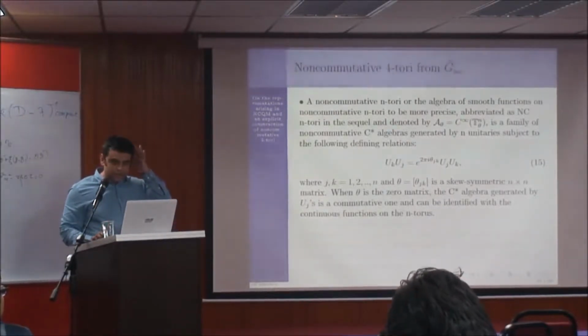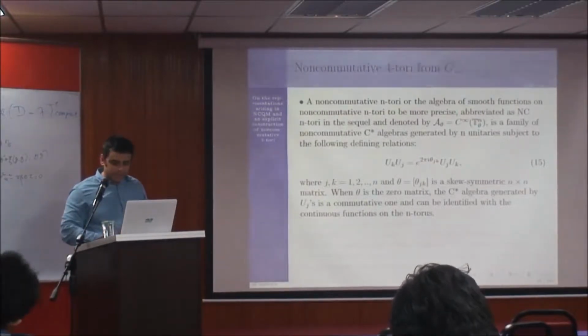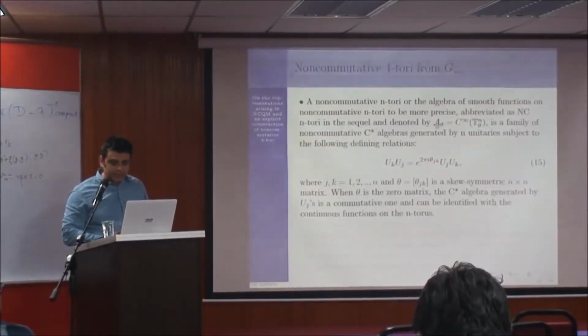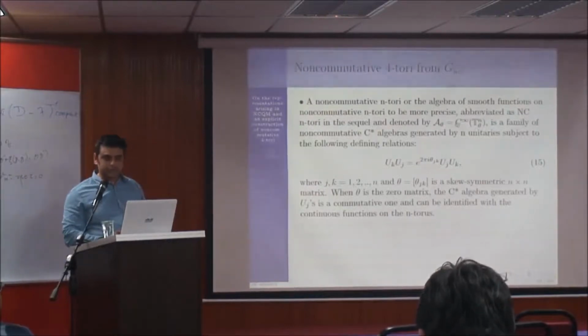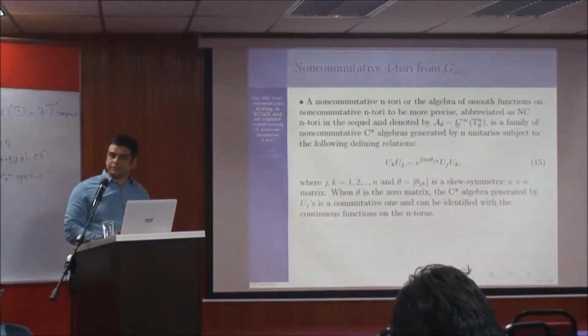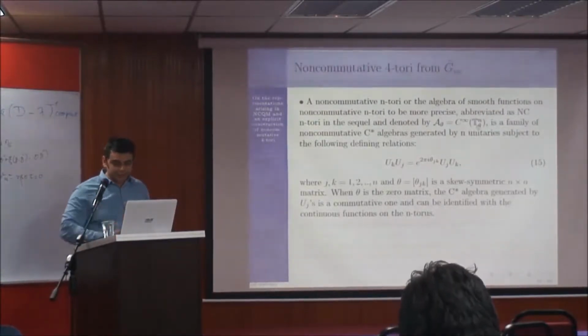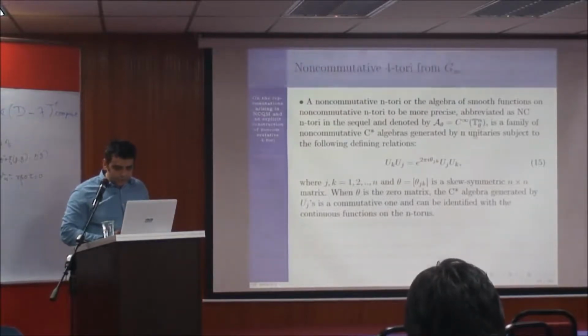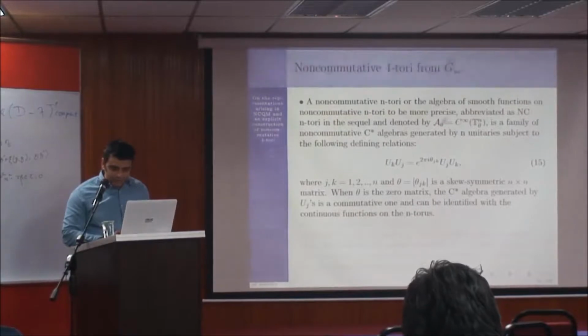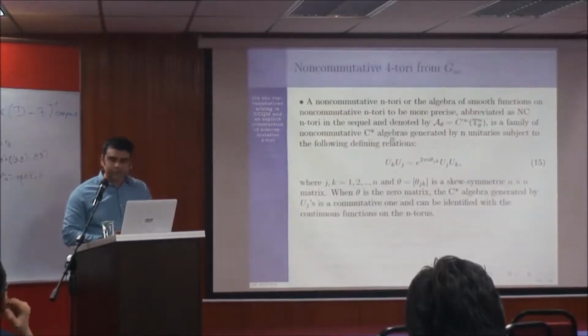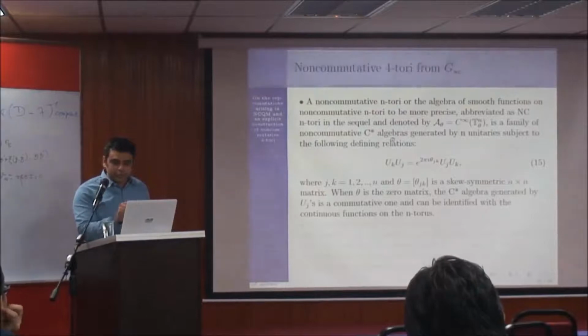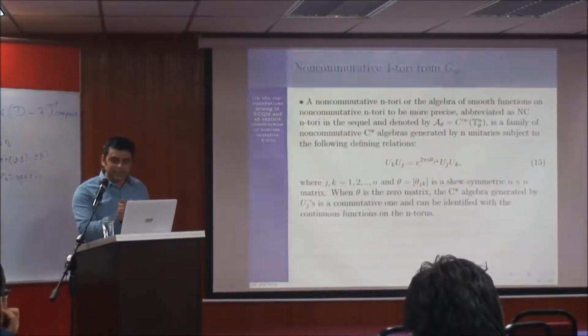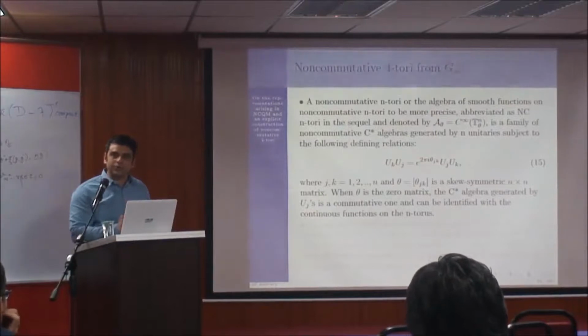So here we will denote by A theta this algebra, the non-commutative C-star algebra of smooth functions over the non-commutative 4 tori. This is the definition of n tori. This non-commutative C-star algebra is a family of non-commutative C-star algebras, because if you fix theta, you will get one non-commutative C-star algebra.